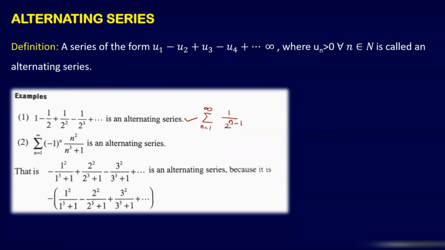Anything is all right. Now we need to get a positive sign for the first term. So alternately, to get positive and negative terms, we need to take minus 1 to the power of something. Since 2 to the power of n minus 1 is there, here also I'm taking it as n minus 1.